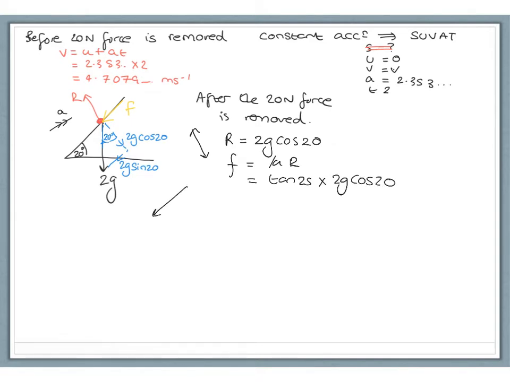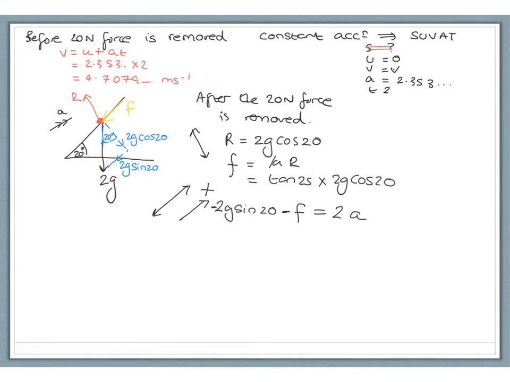Now, parallel to the slope, we'll take up as being our positive direction, which means we have 2g sine 20, which is down the slope, so it's negative 2g sine 20, minus F, because they're both acting downwards, so in the negative direction, and that must equal the mass, which is 2, multiplied by the acceleration.